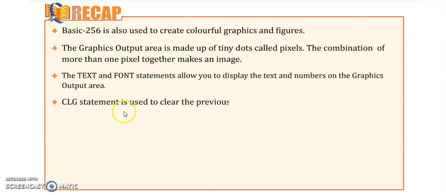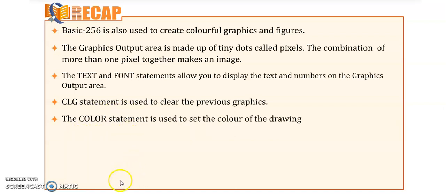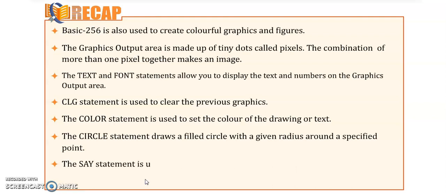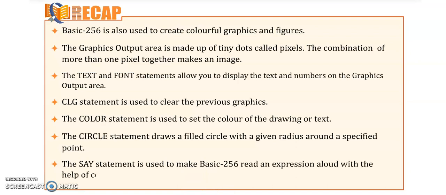The CLG statement is used to clear the previous graphic. The color statement is used to set the color of the drawing or text. The circle statement draws a filled circle with a given radius around a specified point. And the say statement is used to make BASIC-256 read an expression aloud with the help of a computer speaker.